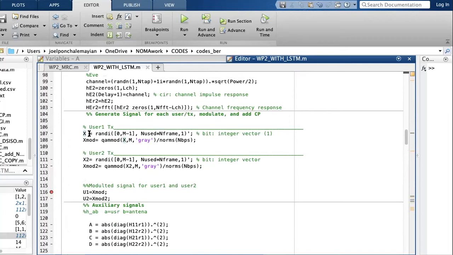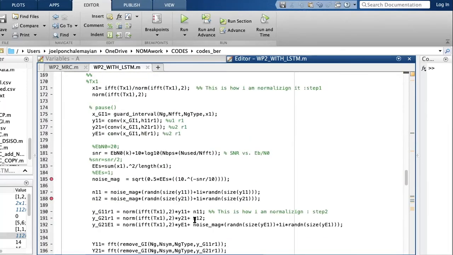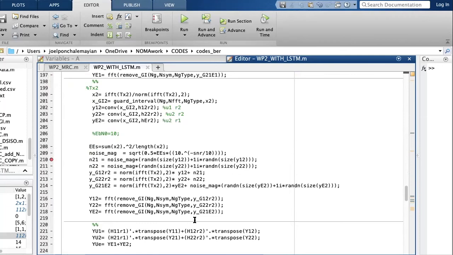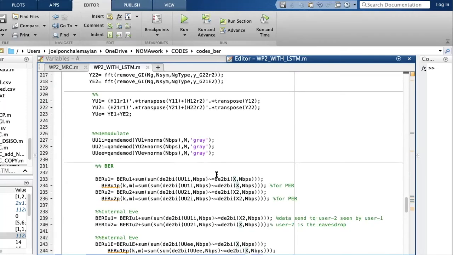Now we want to see how much of this data that we transmitted is equal to what we received in user 1. You see, this U1 is what we received. So this is what we transmitted, and this is what we received. How much of it is equal?